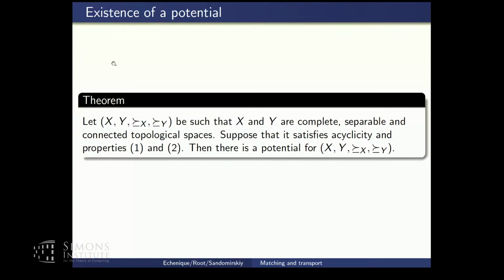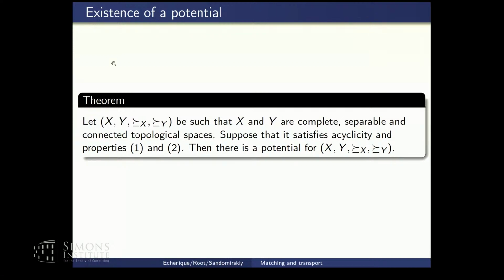So the question is, if you give me a market with ordinal preferences of the agents over partners, when can we come up with a function that works the way U works? That is a problem that has been studied in different settings, and it's about the existence of a potential for this problem.